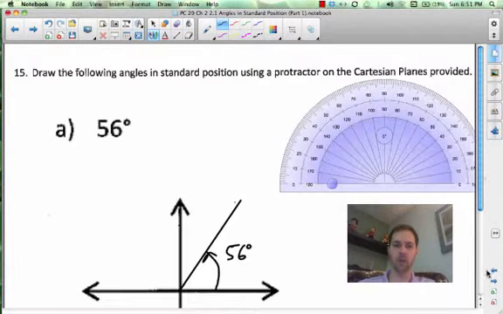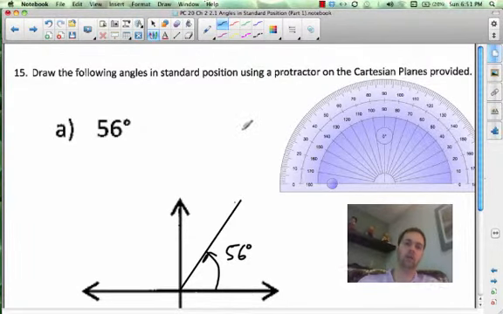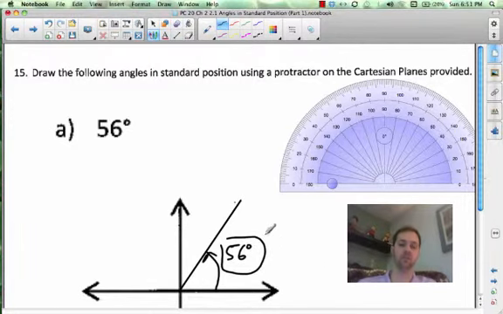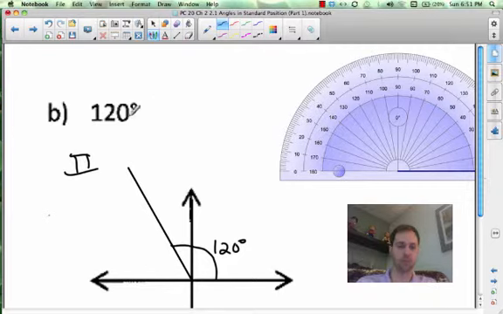So let's start with angle A here, and the shortest angle, the smallest angle to get from this angle to the x-axis, anywhere on the x-axis, is the actual angle itself in this case, which is 56 degrees. So the reference angle here is in fact just the same as the regular angle we were given.